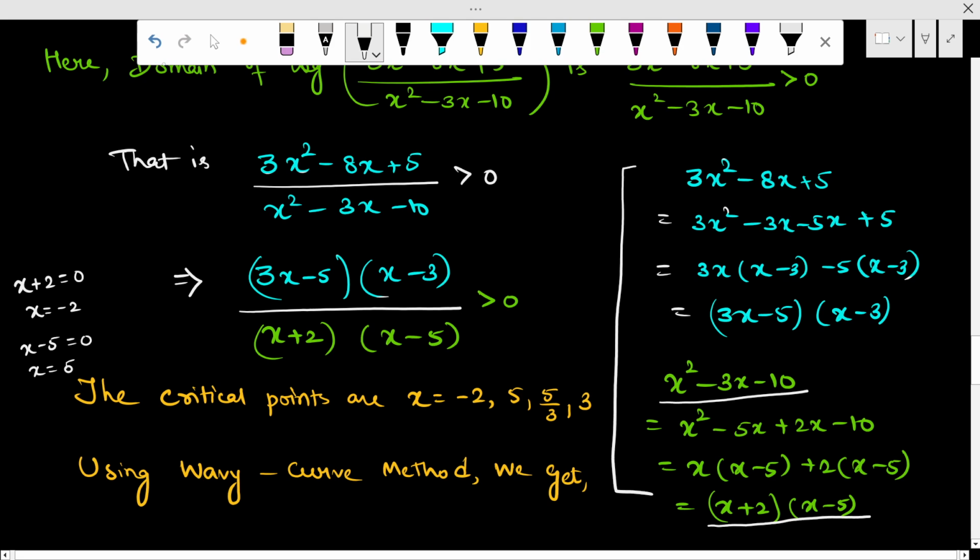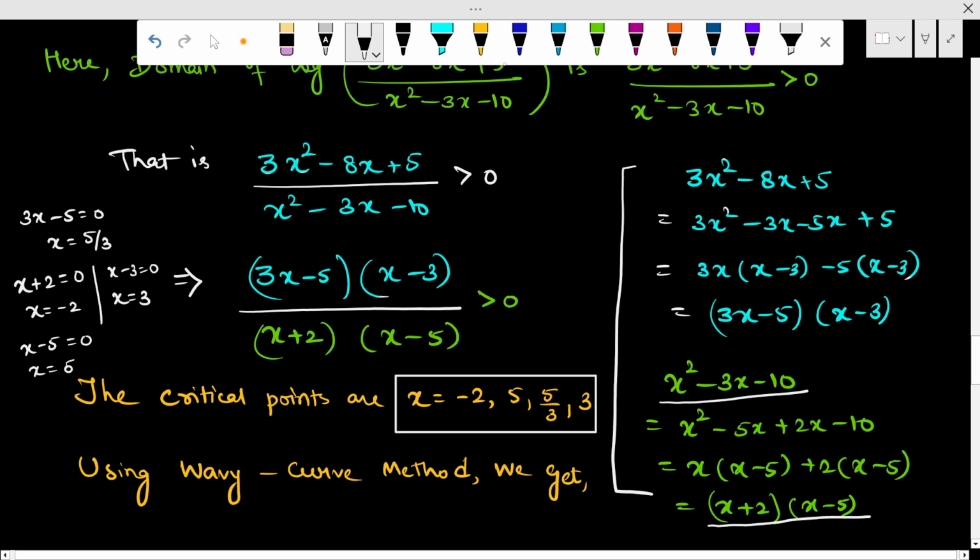Similarly, if you put 3x minus 5 equal to 0, then the third critical point is 5 by 3. Similarly, if you put x minus 3 equal to 0, then you get the fourth critical point as 3, right? We have found out the critical points for this.